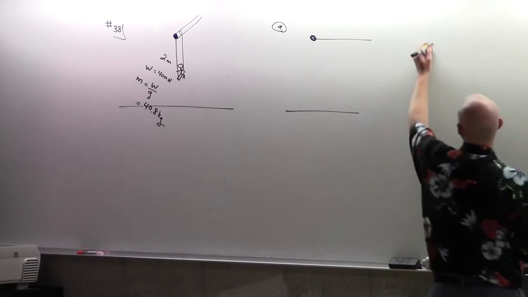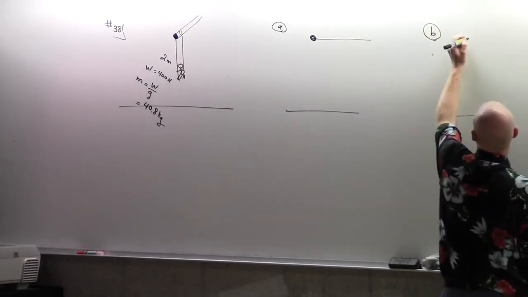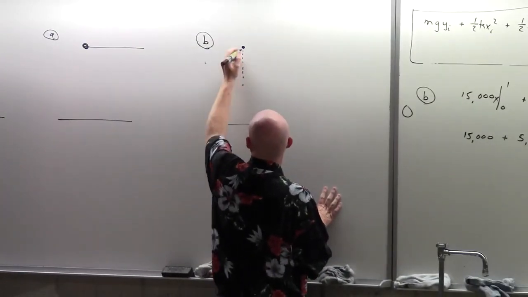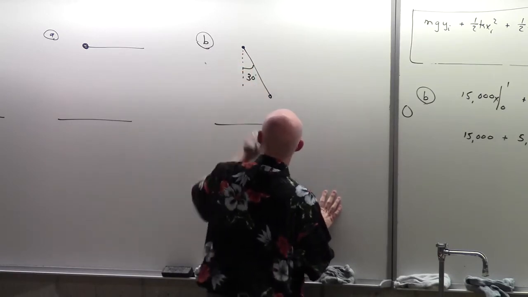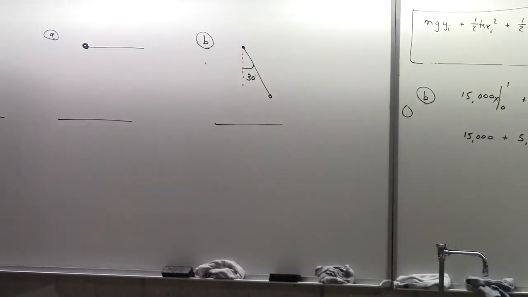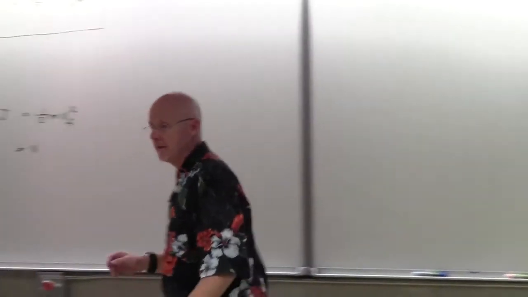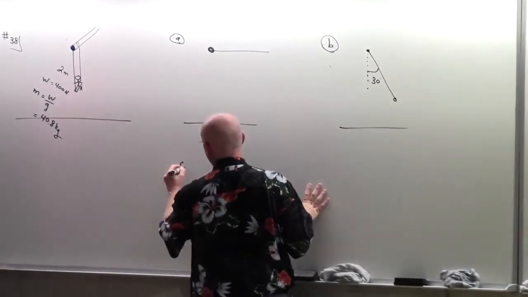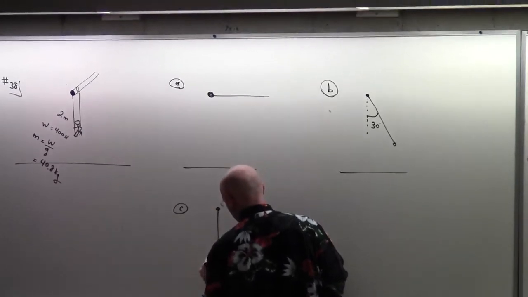But B says, well, what happens when the child is angled at 30 degrees? Now, did it say 30 from the vertical or the horizontal? Yeah, from the vertical, okay. And then C is saying, well, at the bottom of its circular arc, so here.